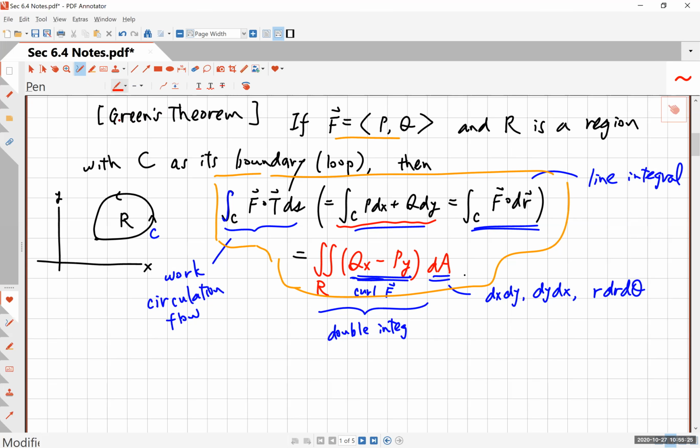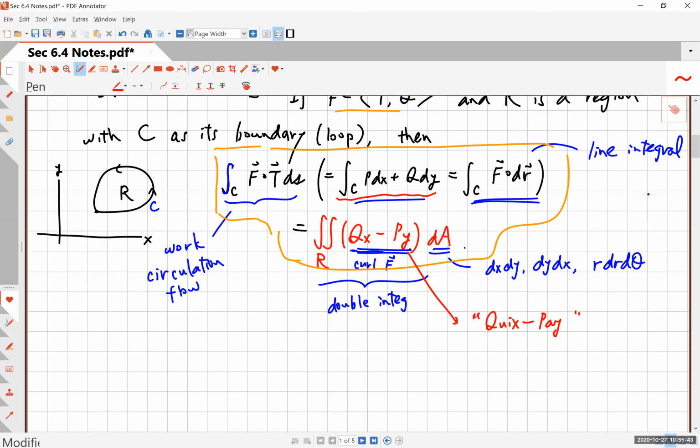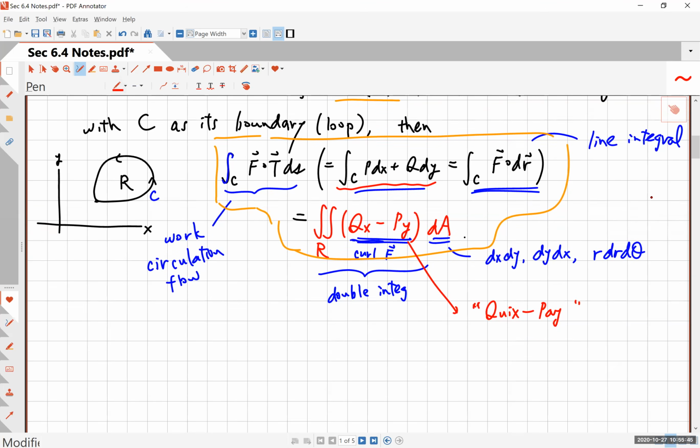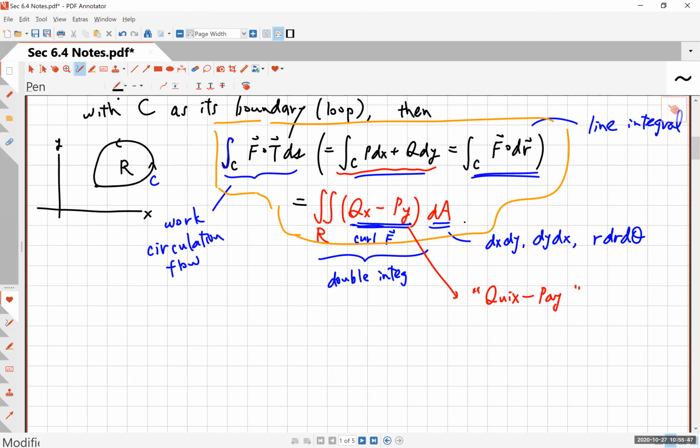All right, one more thing I should mention here is this curl. If you want to just memorize this Q_x minus P_y, that's fine. Some people memorize this as "quicks minus pay." I don't know what that means, but Q_x minus P_y can be memorized by just reciting "quicks minus pay," and then you will get this right every single time.